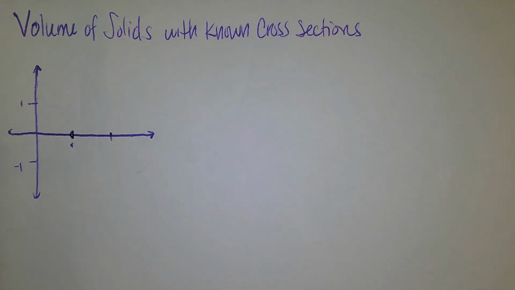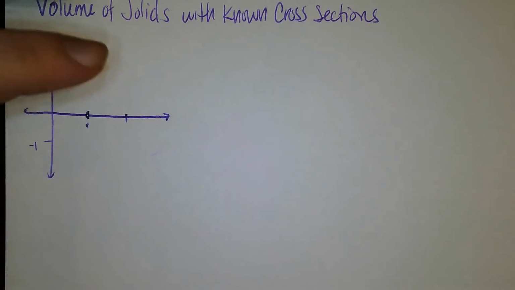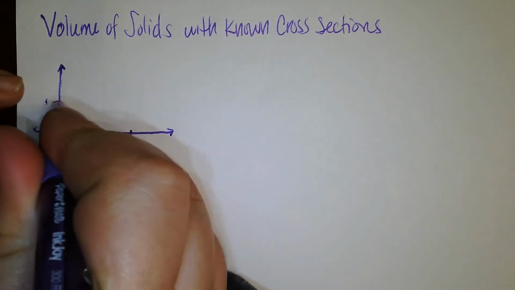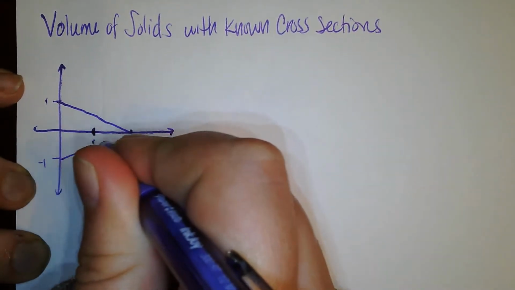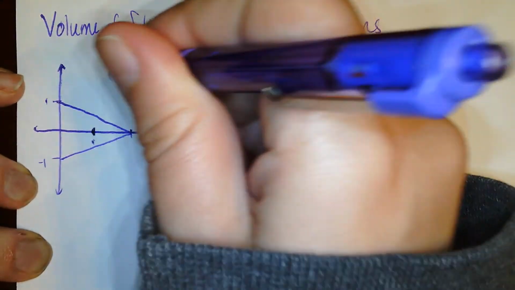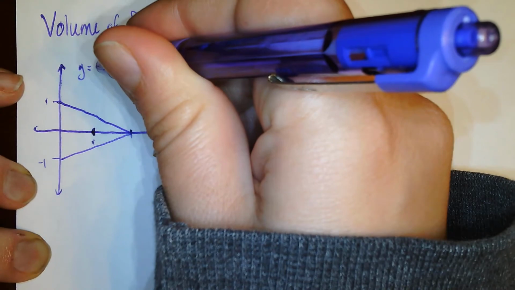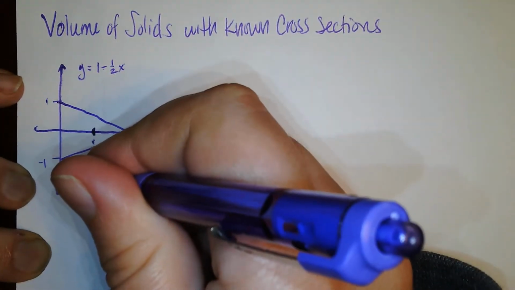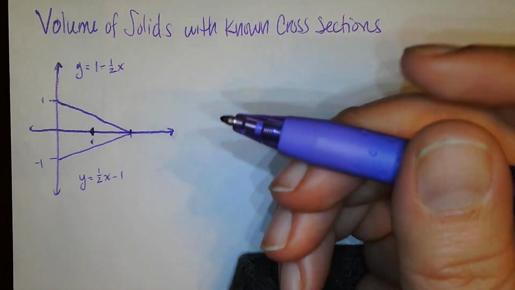All right, so we're going to start off with something that's not so bad. We're going to look at the region bounded by these equations. This is y equals 1 minus 1/2 x, and this is y equals 1/2 x minus 1.